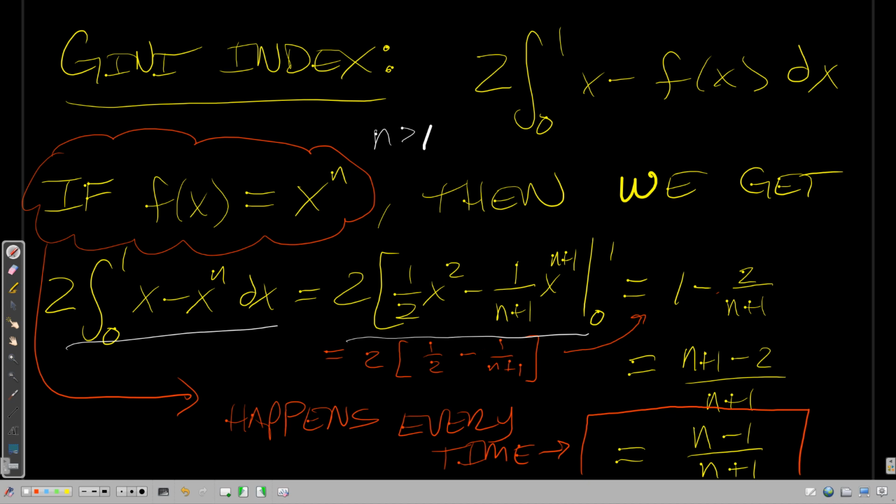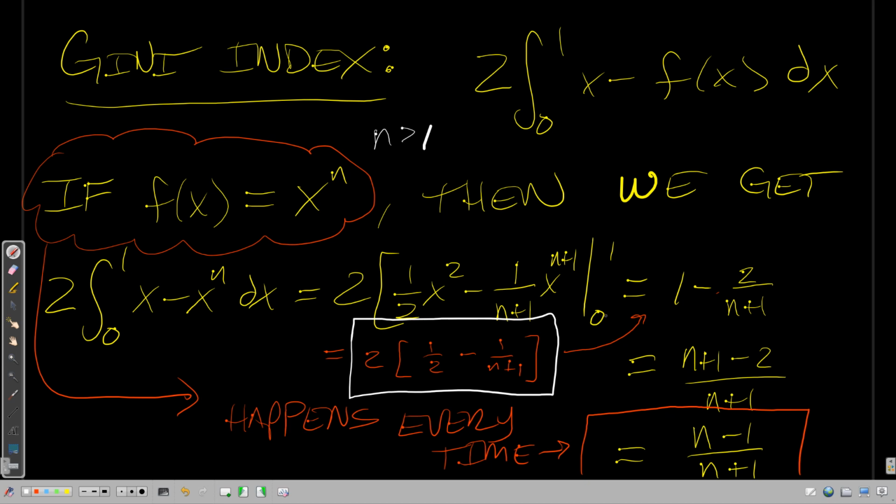It would have this as its antiderivative, and since you're putting in a 1 and a 0, you always just get this. If you distributed the 2, then you'd get this other thing. And when you finally simplify it, you'd have that as your answer. So maybe my f of x is, what did I say earlier, x to the 3.6.